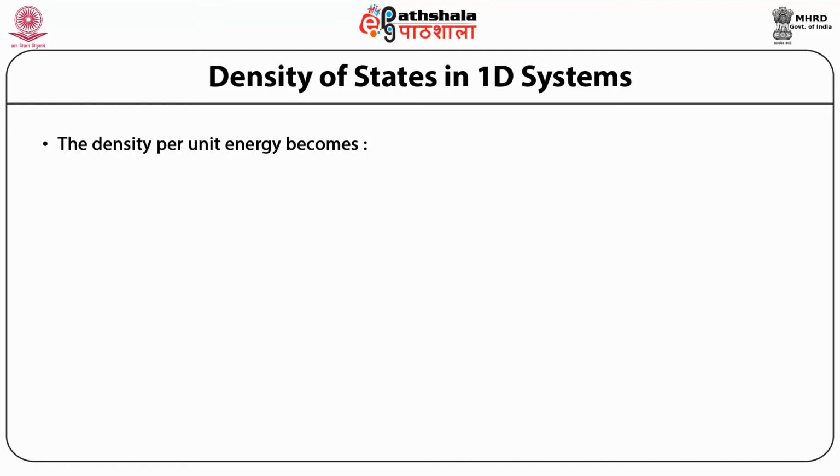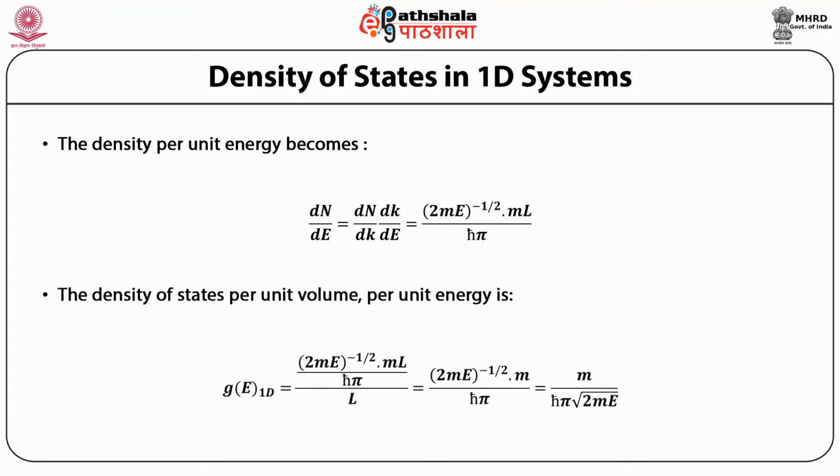So the density per unit energy can be expressed as dN by dE equal to dN by dk multiplied by dk by dE, equal to (2mE) to the power minus half, m L by h cut pi. So the density of states per unit length and per unit energy becomes G(E) 1D equal to (2mE) to the power minus half, m L by h cut pi, divided by L.